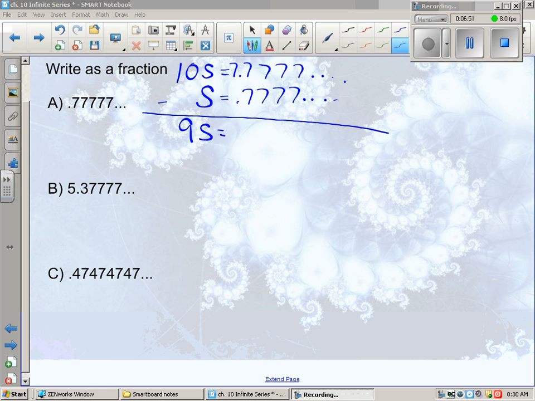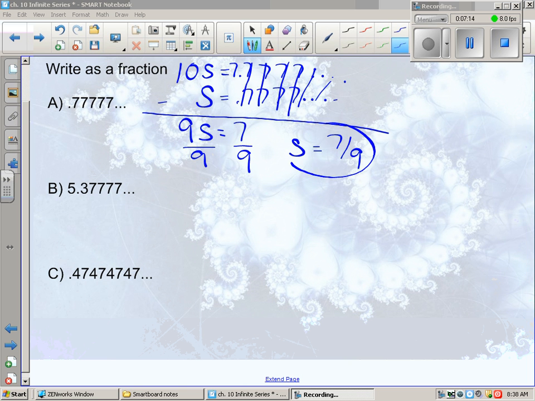And when you subtract 7.7 repeating by 0.7 repeating, what you'll notice is the decimal part goes away, and what I'm left with is just 7. Now solve for s. Divide by 9. And so I get s equals 7/9, which you already knew from that pattern of nines. Isn't that cool?